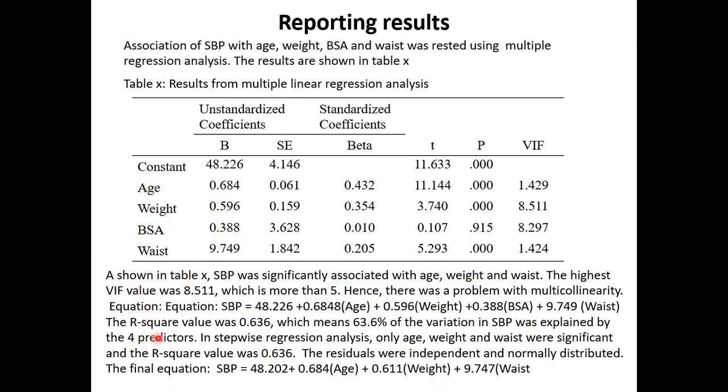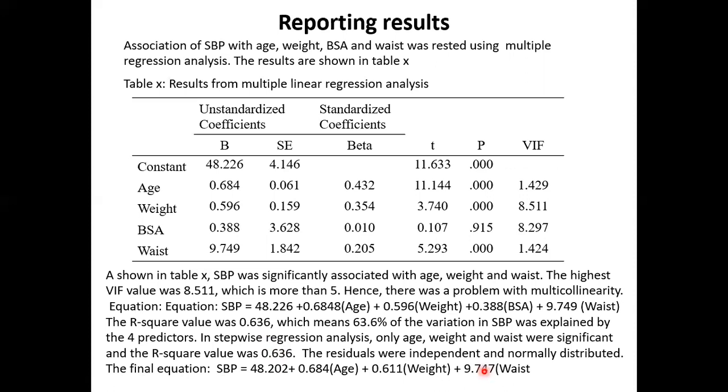In stepwise analysis, only age, weight, and waist are significant, and the R square value was 0.636, not much different from here. The residuals were independent and normally distributed. So that's the final equation. It's not here. That's my final equation.